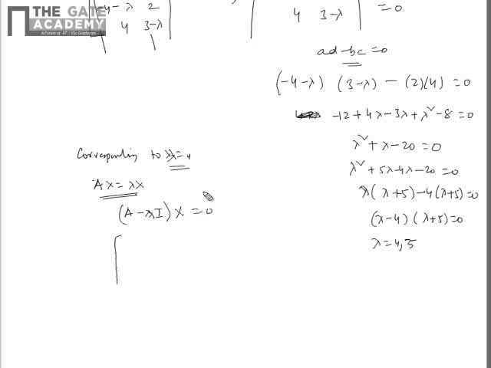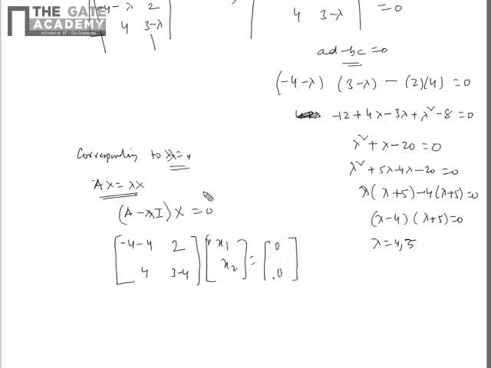So just using that equation, minus 4 minus lambda, lambda is 4 here, then 2, 4, and 3 minus lambda, lambda is 4 here, so 3 minus 4, into h1 h2 is equal to 0, 0.